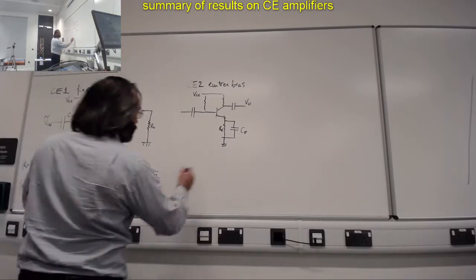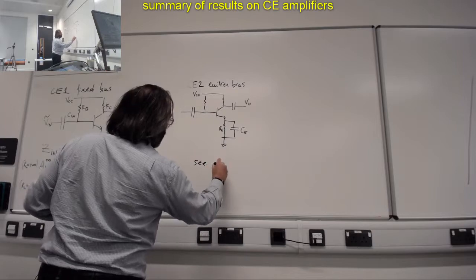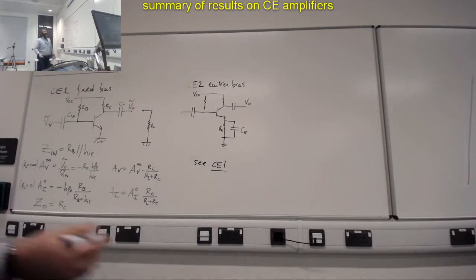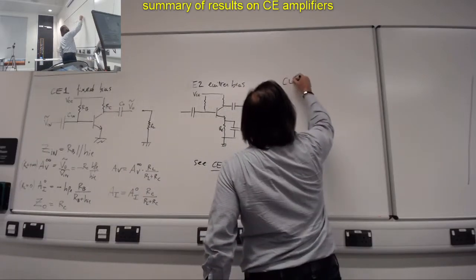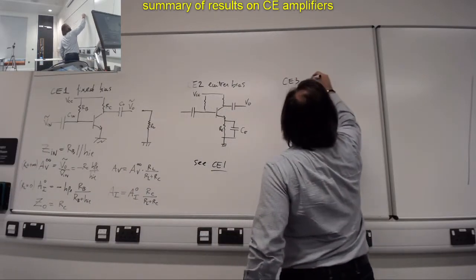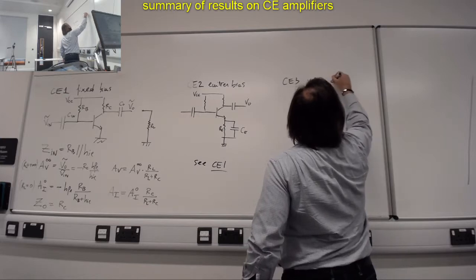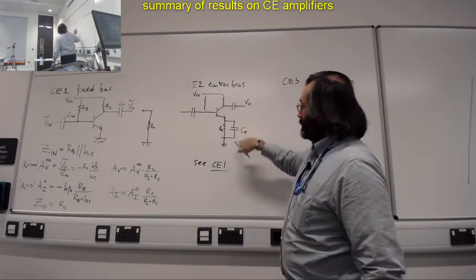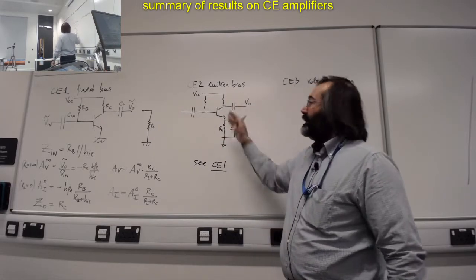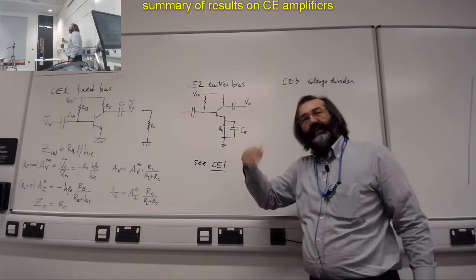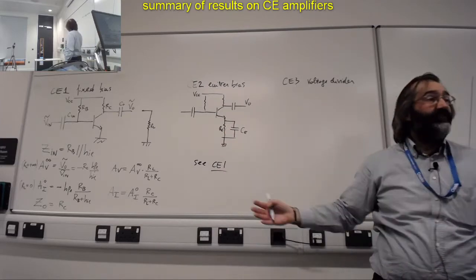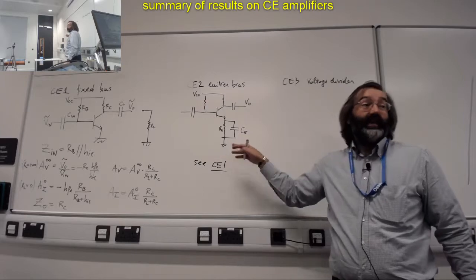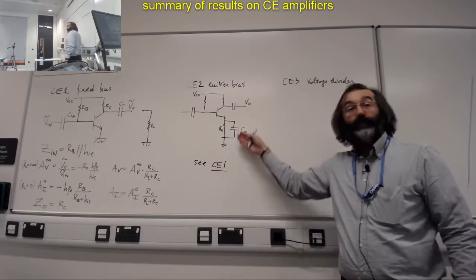So here, C1, exactly the same. For the C3, which was with voltage divider, C2 emitter bias, we mean this one here, that is also, you may find it in the textbooks, in the references, because of this capacitor here, which, as we said, has the role to bypass RE.